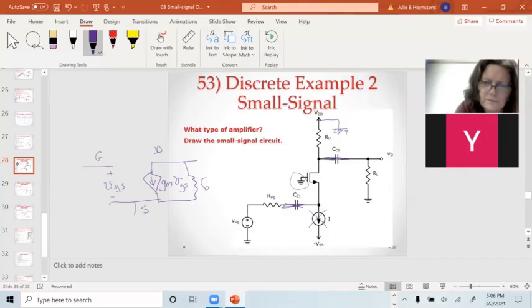The source goes, well, the current source is open, it goes to Rsig to Vsig. The gate's going to ground, and the drain is seeing the parallel combination of RD and RL.